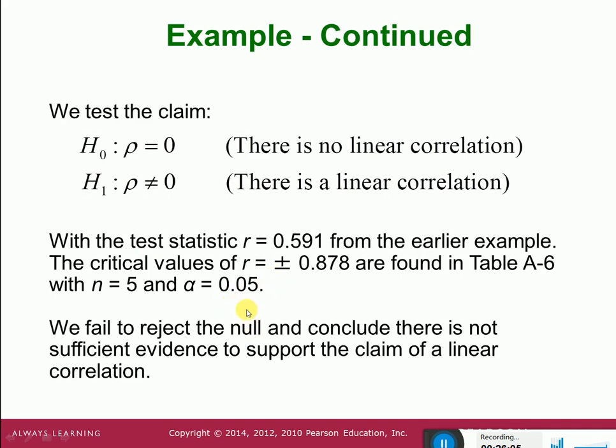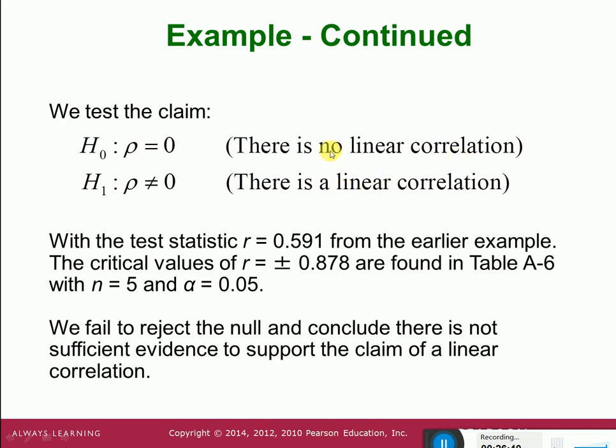If it's less than, meaning that we do not reject the null hypothesis, or we say that there's no linear correlation, or there is not enough evidence to support the claim of a linear correlation, meaning that we are accepting the null hypothesis, or there shouldn't be any linear correlation.